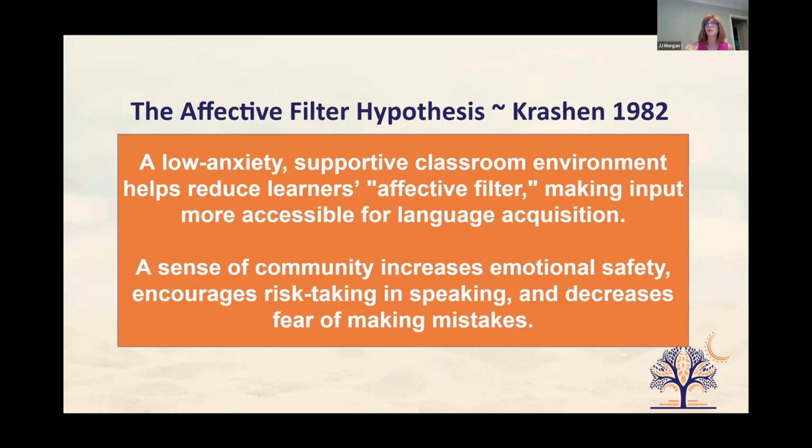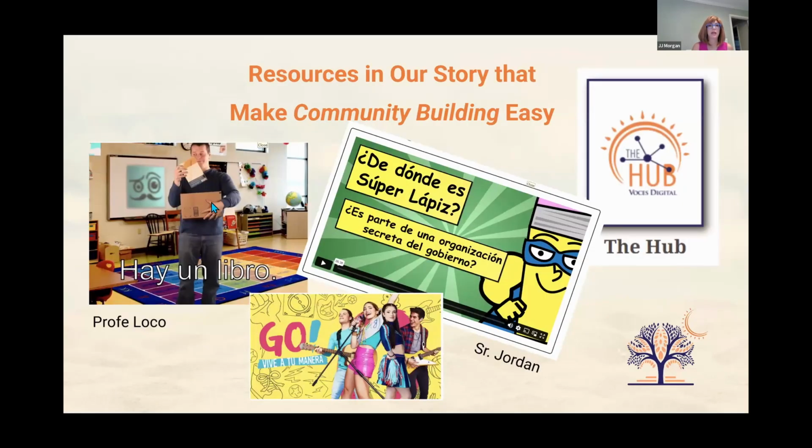Nothing is going to be absorbed if the amygdala is in charge of the brain, because its job is to keep you safe. So if the amygdala senses danger, that means the affective filter is up, and you cannot get through it. It has to be down. So you need a low anxiety, supportive classroom for that to happen.